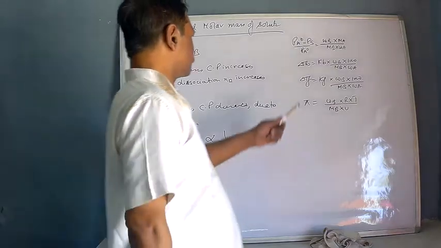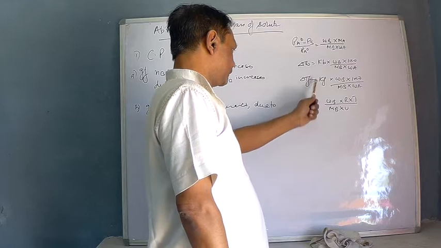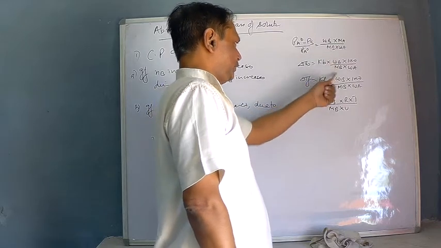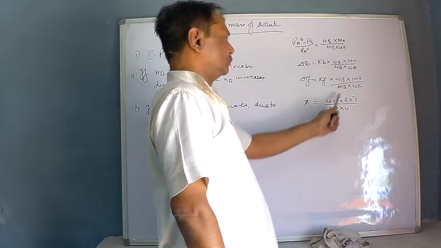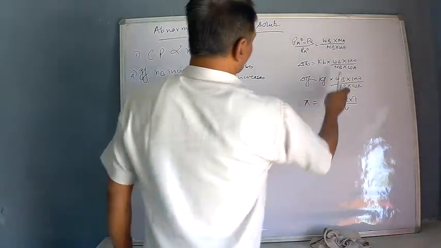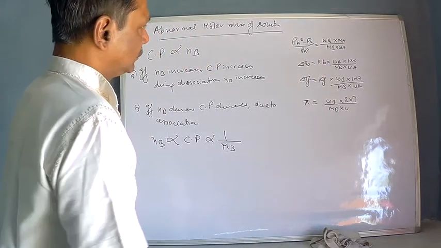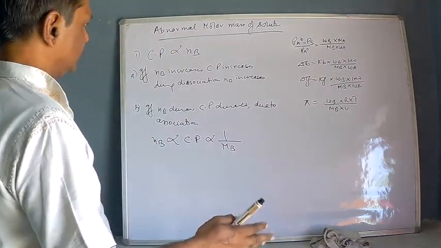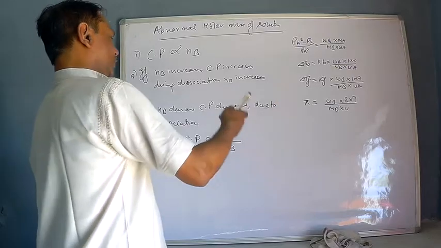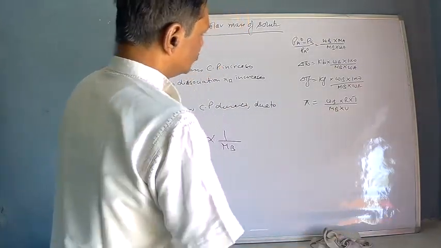We have studied all these 4 colligative properties, and in all these 4 we find MB, that is molar mass of solute. So class, whenever we calculated molar mass of solute by using all these 4 methods, sometimes molar mass was as expected, sometimes it was high, sometimes it was low.